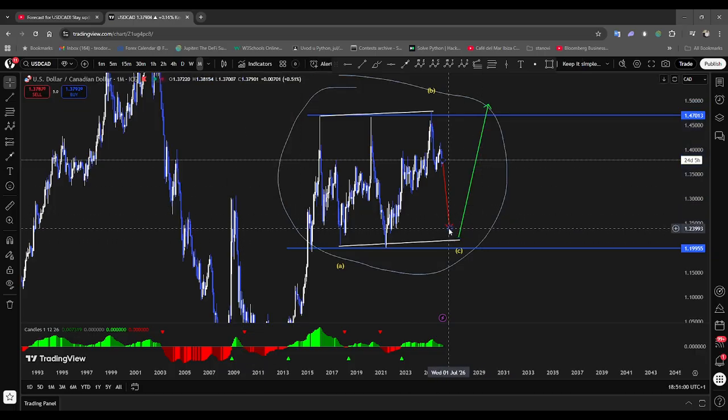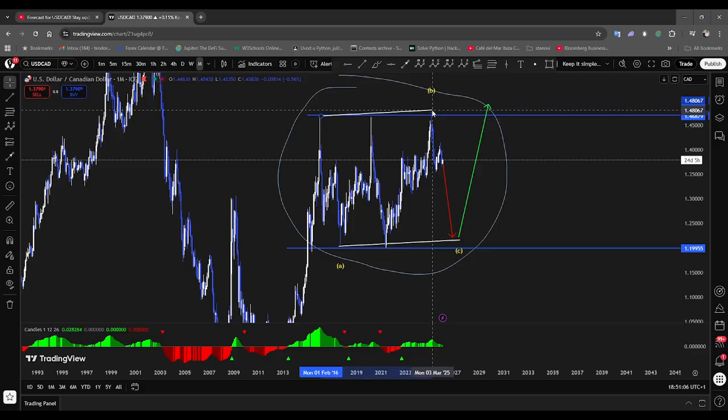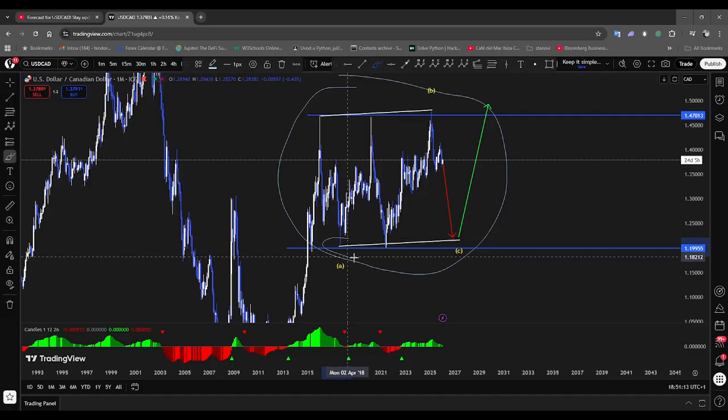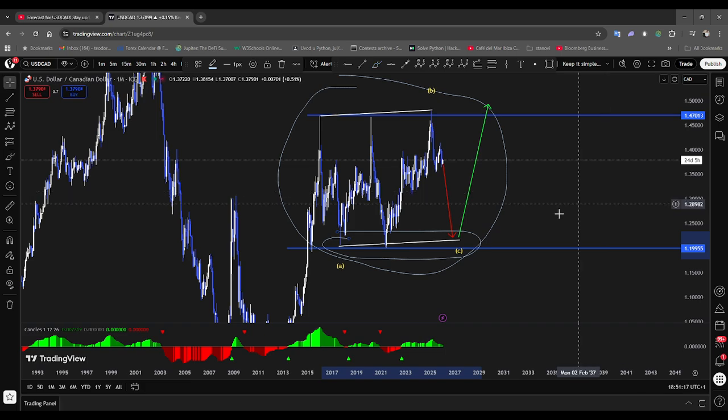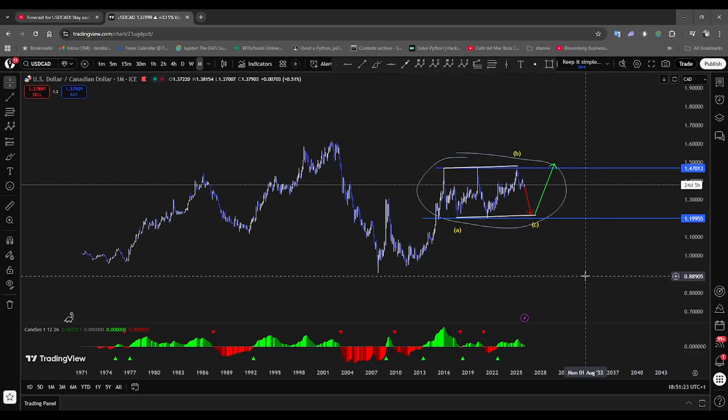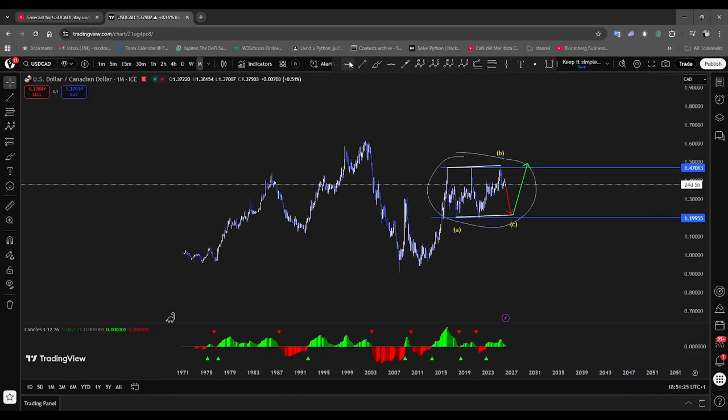And on this move, you can also combine support and resistance or supply and demand zones, because once price reaches this level here, all the big players will try to enter long positions and catch this move to break this top. This is a very big structure.